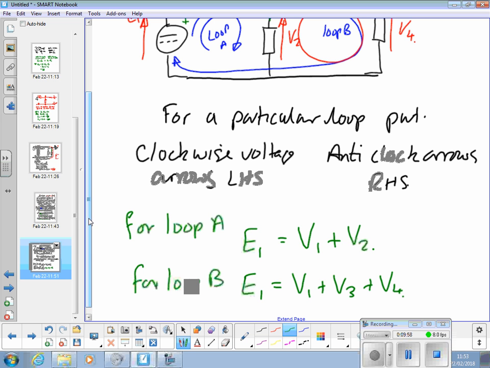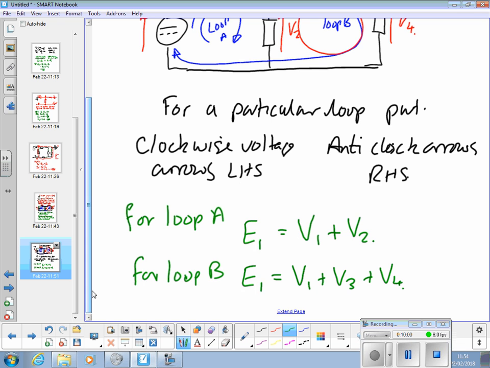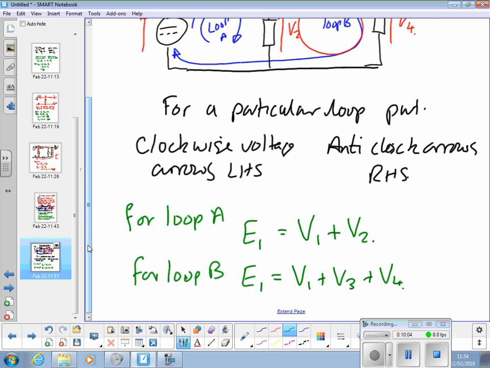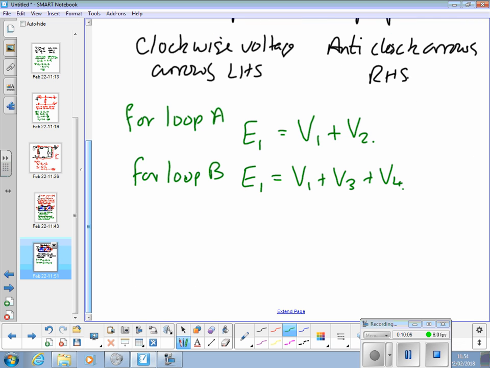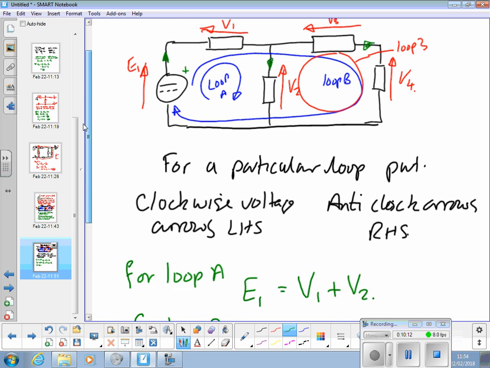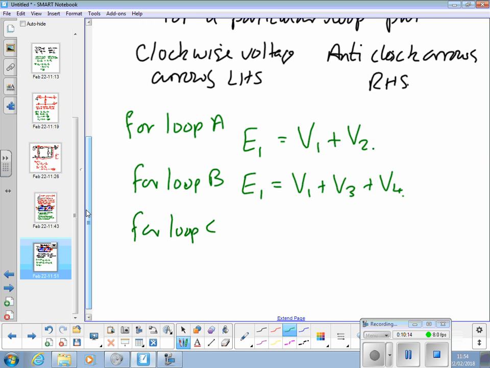And then lastly, for loop C, the clockwise arrow is V2, and that's equal to V3 plus V4.